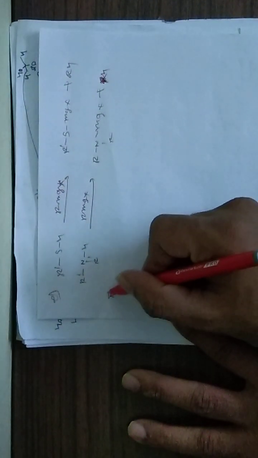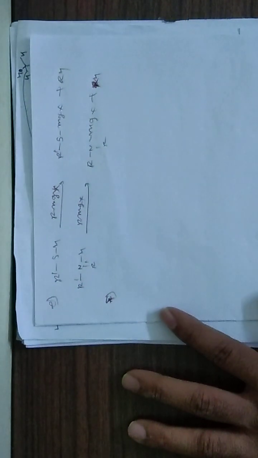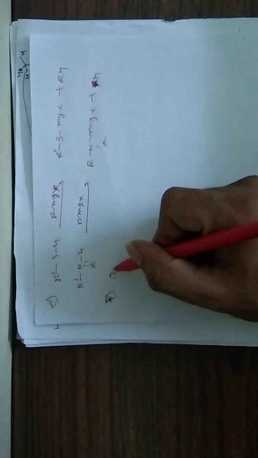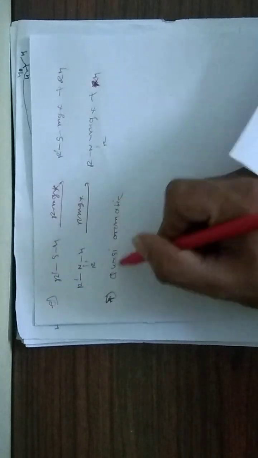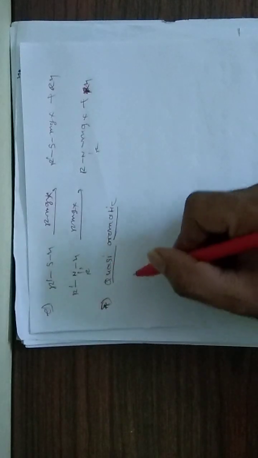Now the next compounds that will react with the Grignard reagent as an acid base reaction are quasi aromatic compounds. Quasi aromatic means the compounds that are not aromatic, but after removing the proton they become aromatic.